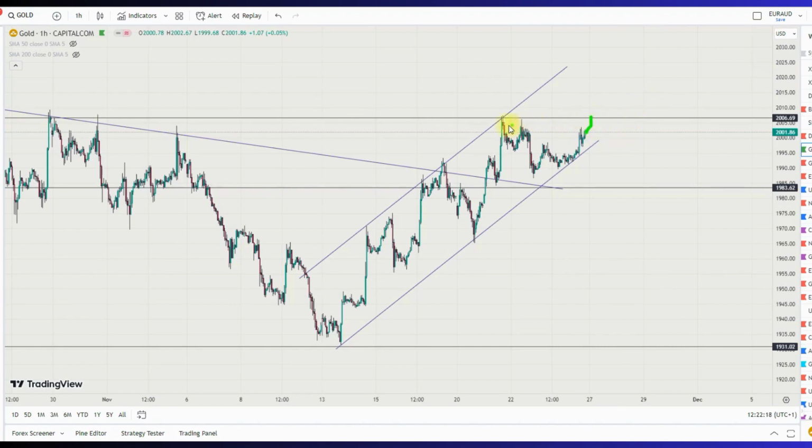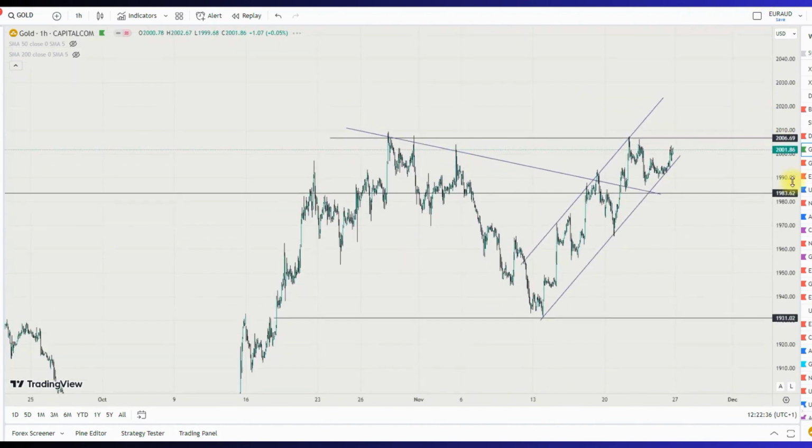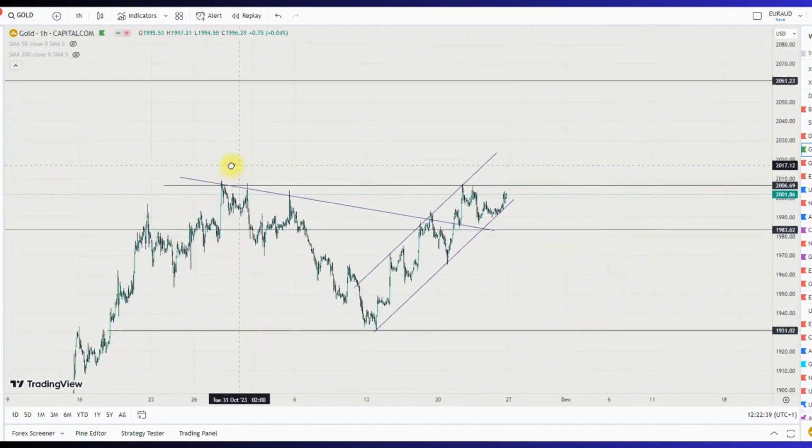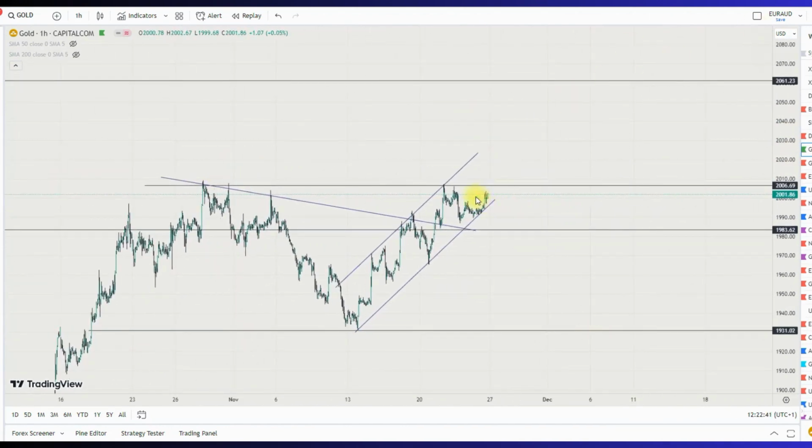Looking at how price will react to this 2006, if price rejects here, then I will be selling, and then back to 1931. But with the story of the new pandemic in China, price might actually break to the upside. So if price rejects at this area, then we might see price coming back to retest 1931.